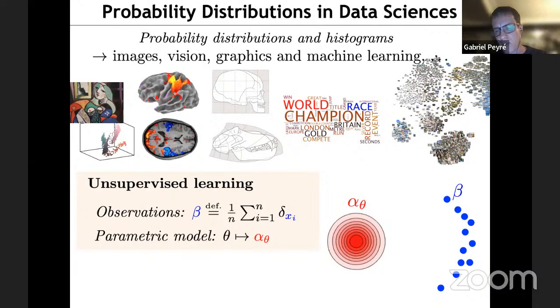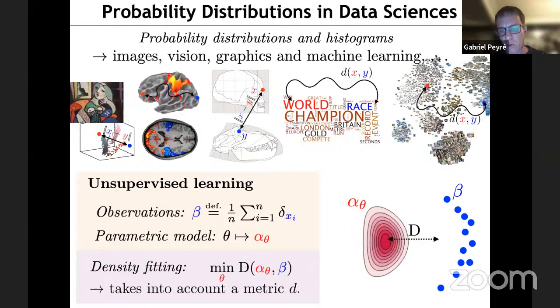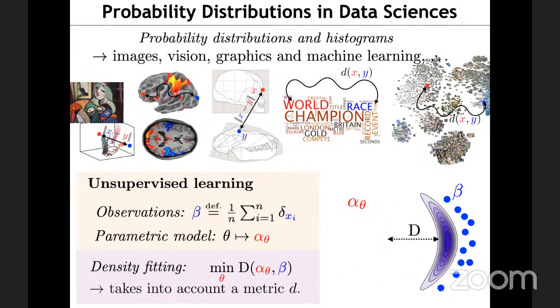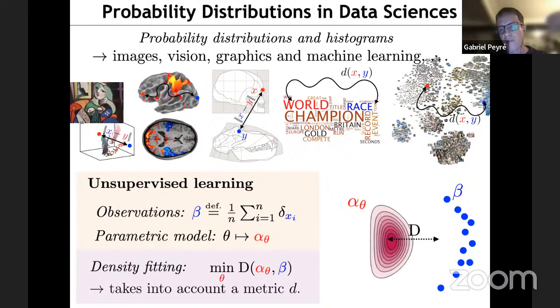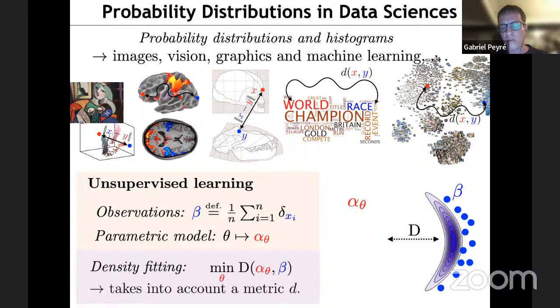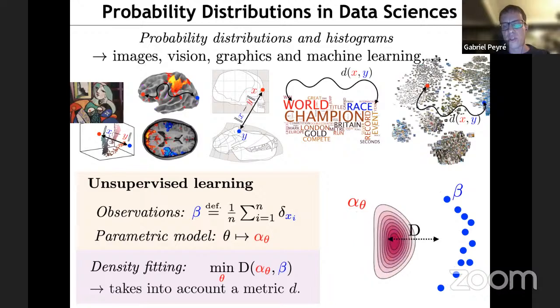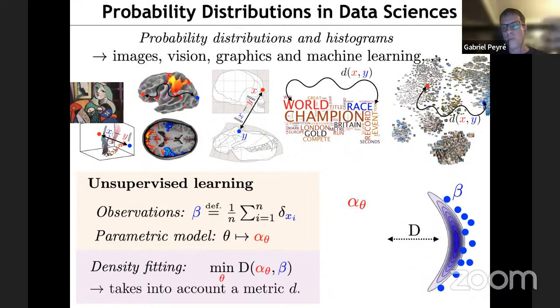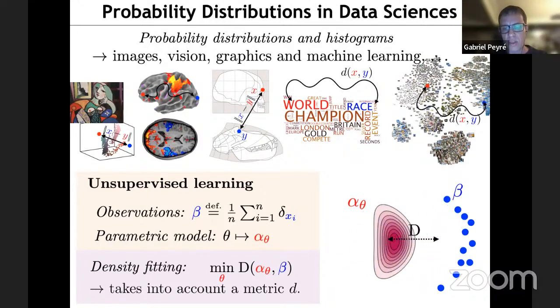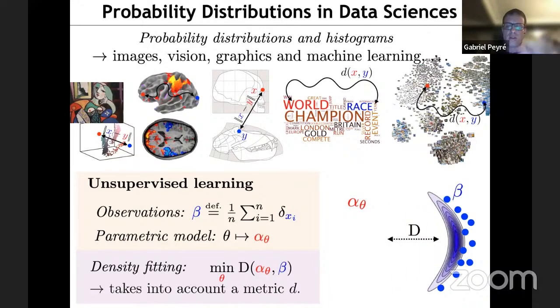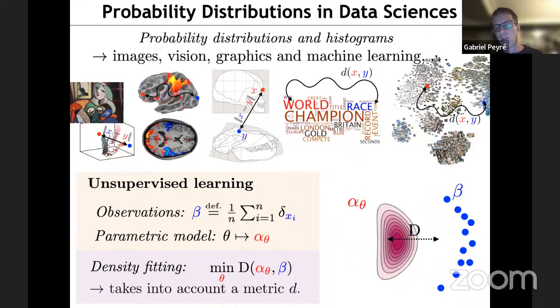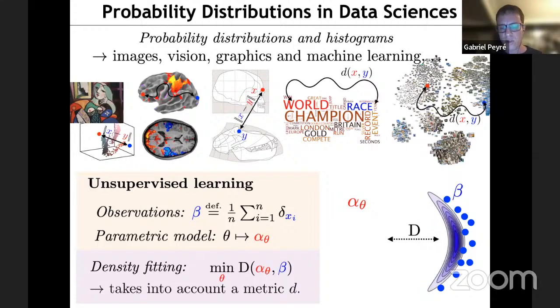Of course, if it's a Gaussian, it's very simple, but you might have in mind that theta is a deep network. And you're trying to modify or deform your template alpha so that it becomes closer and closer to the data distribution, which is the big point cloud. So you could model this as an optimization problem where you want to minimize some discrepancy, capital D, between two distributions. One is discrete and one is typically a continuous density or something like this.